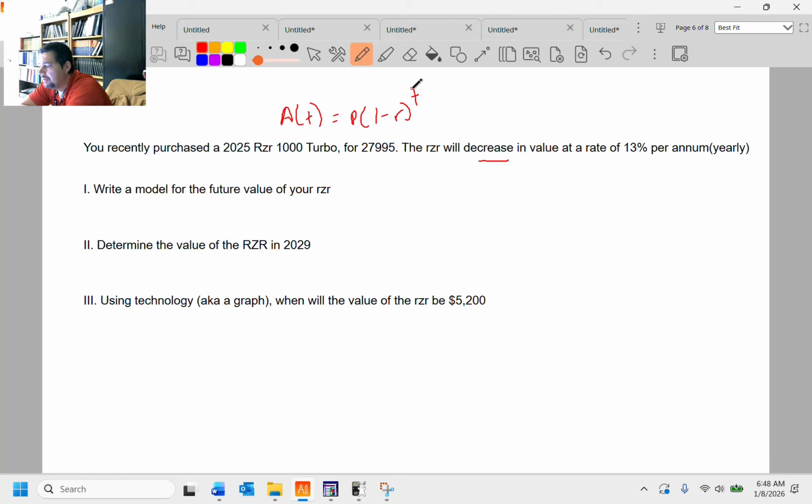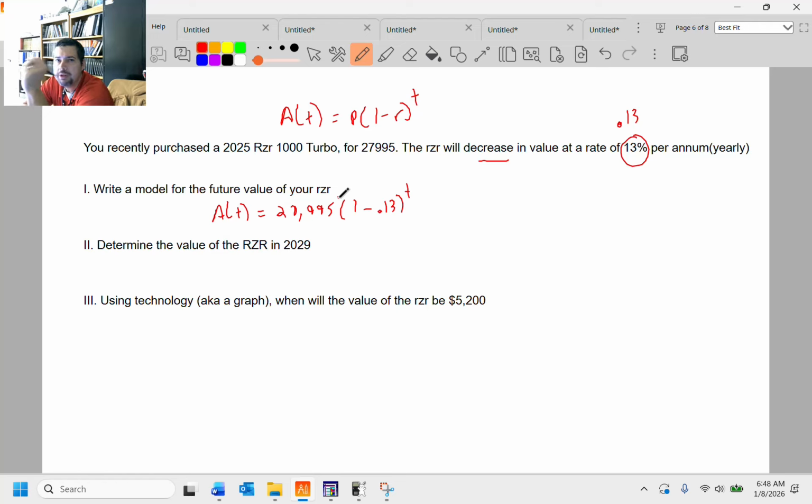So the model here, the model only cares about getting a formula that you can plug things into, would be that the amount after time passes is that principal of $27,995 times 1 minus 13% as a decimal, 0.13, to some time. Don't be that kid who can't figure that out. And again, do not stop here. Do not stop at 1 minus 0.13 and leave that as your answer.